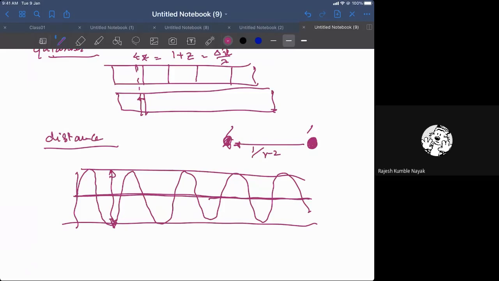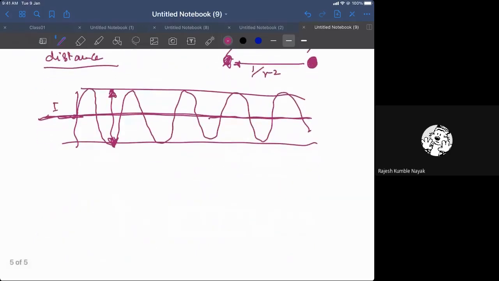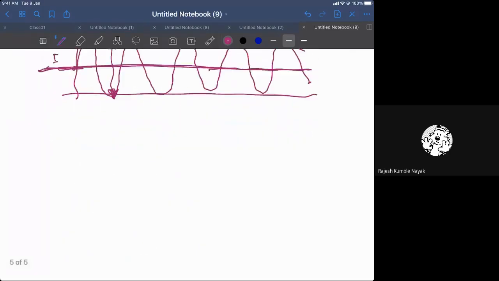That can be modeled very cleanly to the brightness of the star itself. Given the amplitude of the oscillation, you can calculate the mean intensity emitted by the star, and that could act as a standard candle. And Hubble used this approach to measure the distance to the star.